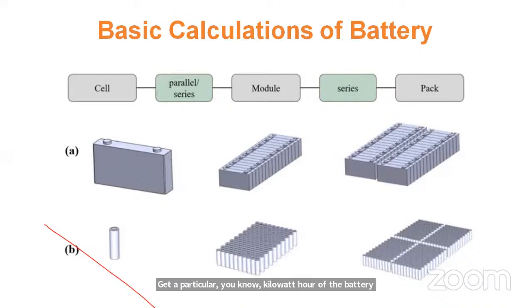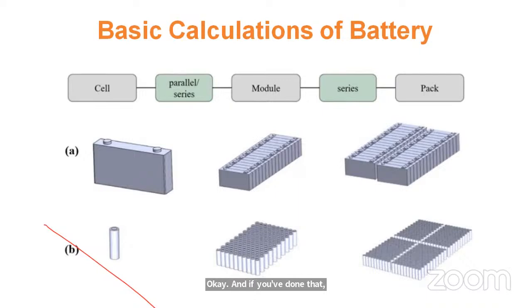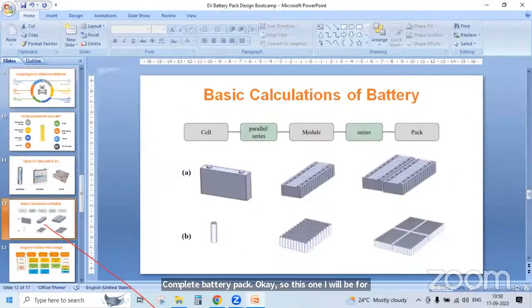Suppose you have to design a 2 kilowatt hour, 5 kilowatt hour, or 10 kilowatt hour battery pack. To design that, you require a number of cells in a particular series and parallel combination. If you do that, you will get the complete battery pack. For this I will open my notepad and then tell you.